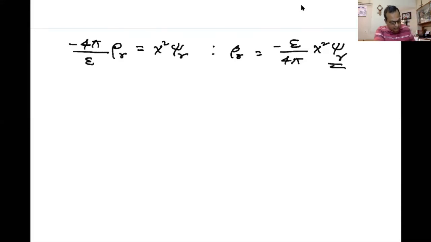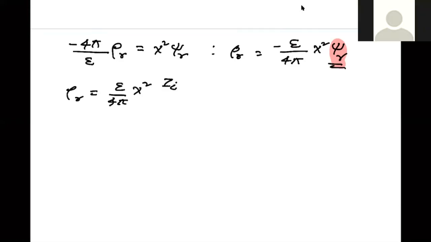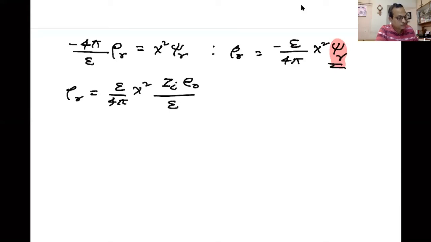If you put the value of psi r, which we have already derived, what I get is rho r is equal to minus epsilon upon 4 pi, chi square, times zi e0 upon epsilon, e raised to minus chi r upon r.